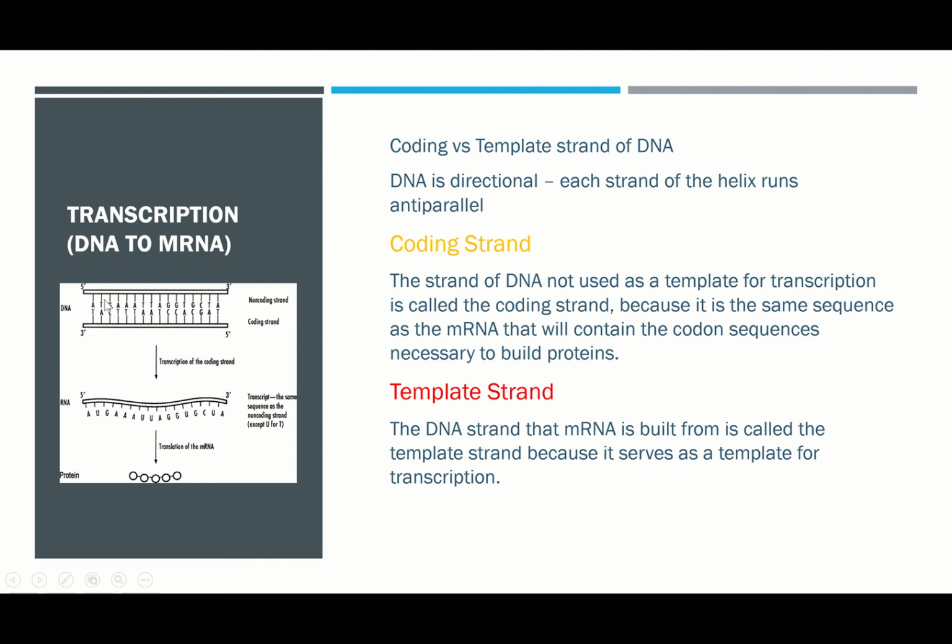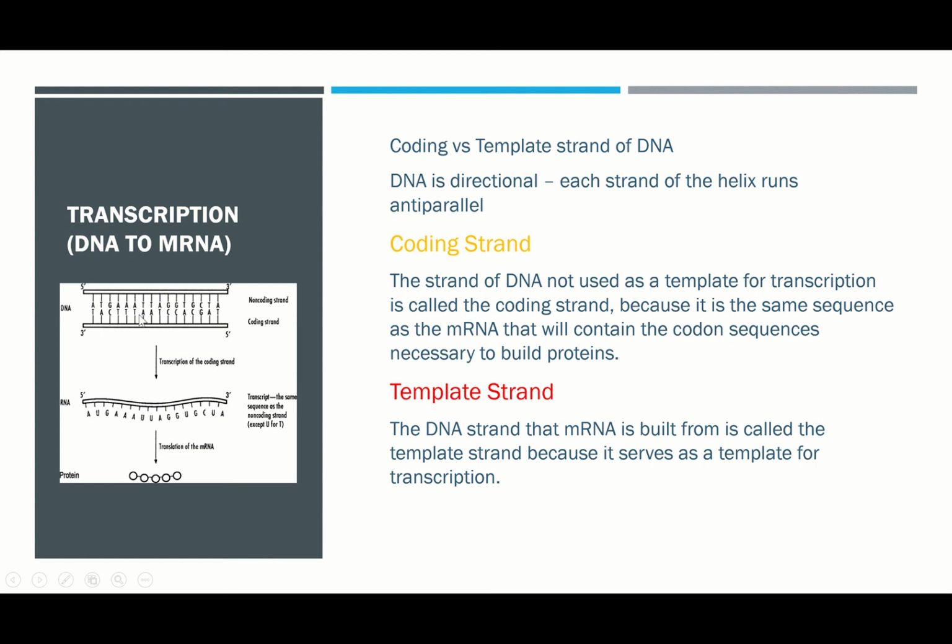For example, up here, we have the non-coding strand on top, and you have the coding strand. An mRNA is made when spare nucleotides attach to the non-coding strand, because due to complementary base pairing rules, we know that anything that pairs up with these bases is always the opposite strand.